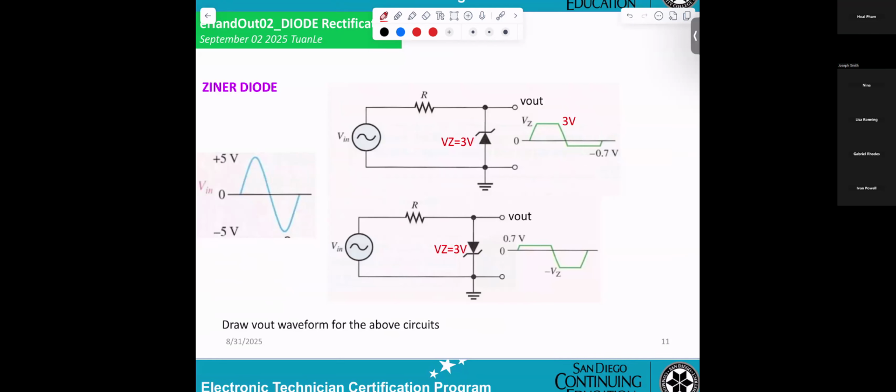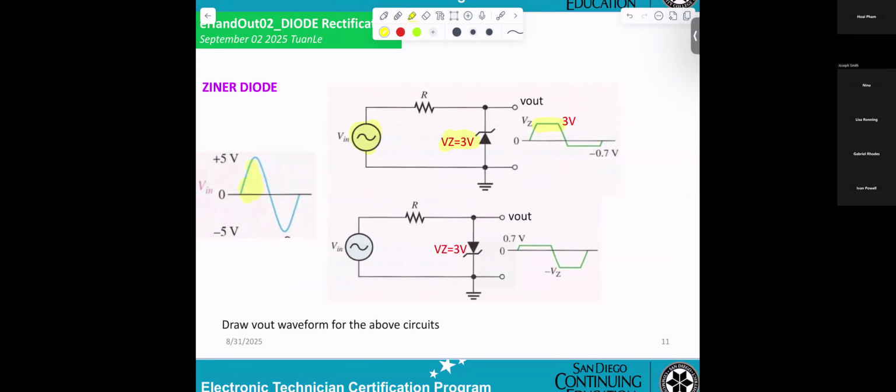This is just for you to see. Sideways here, Zener breakdown is 3 volts. So when you see the output equal 3 volts, that means Zener breakdown.